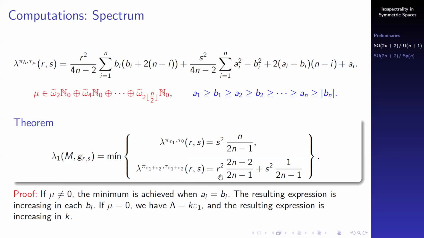And then if we want to find the minimum of that expression, now we suppose that mu equals 0. We see the expressions. Remember, mu are the B's. If they are 0, this first part doesn't appear. So we have the second. Since the B's are 0, the blue condition says that the A_i's have to be all 0 except the first one.